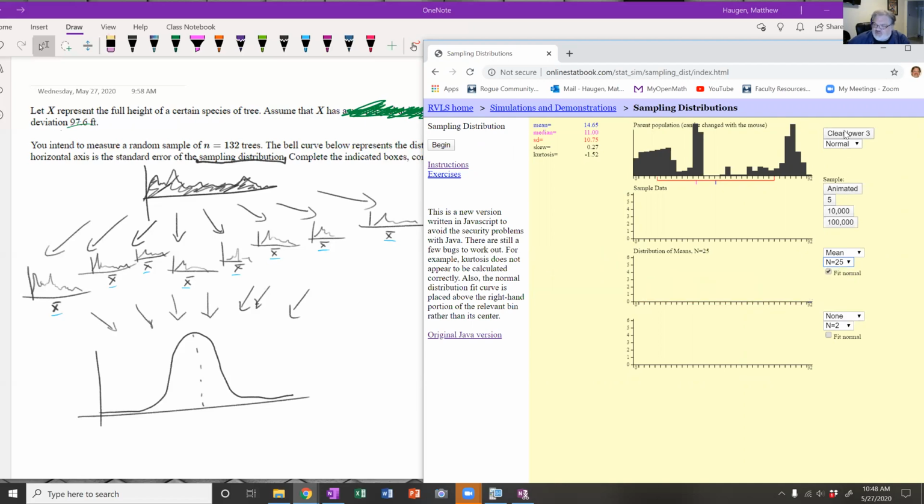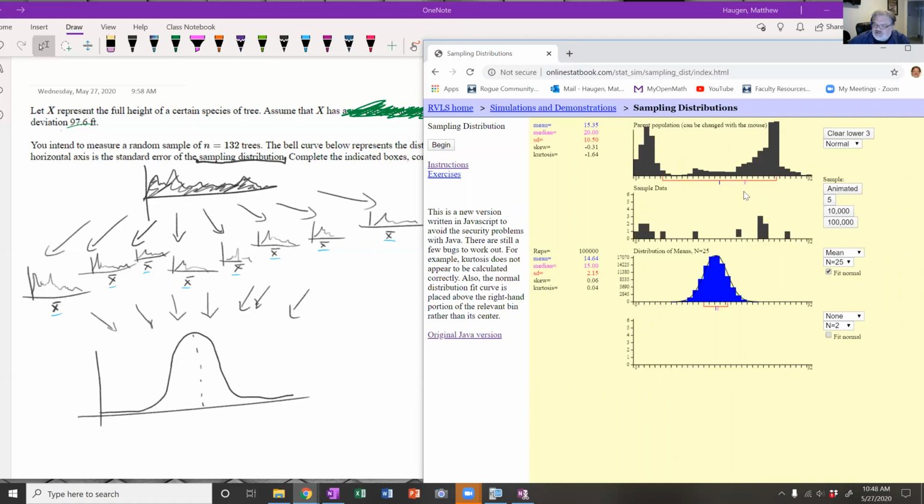Again, this tool only goes up to 25 for its own reasons. But at 25, no matter what I do up here to make an ugly distribution, no matter how crazy those data distributions look, trying to model this population data, if we collect all the means from it, it should end up looking fairly normal, with its own average in the same place as the average of our data, and a fairly tight standard deviation.